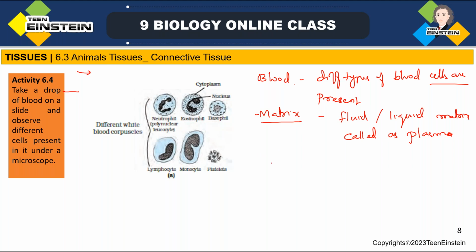In this plasma you can see red blood corpuscles, RBC, then white blood corpuscles, WBC, then platelets.